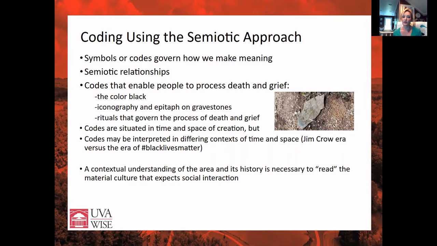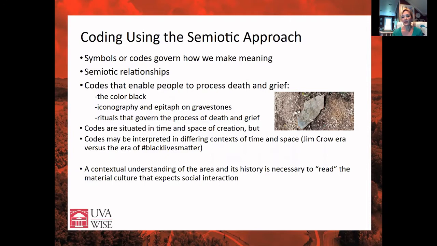So remember that we talked about how symbols or codes in communication govern how we make meaning. And that translates into semiotic relationships when you're talking about text together with other kinds of symbols like numbers, together with presentational symbols like iconography.